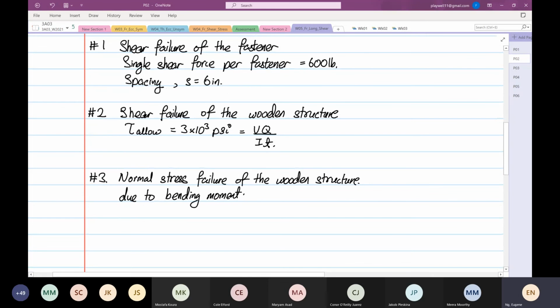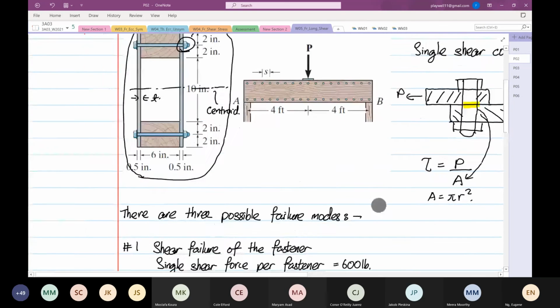So the formula we are given is normal stress allowable equal to 8 times 10 to the power 3 psi, and the formula we are going to use is My over I. Right? My over I.